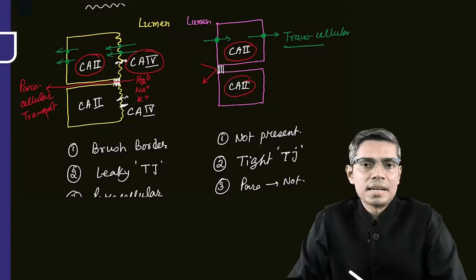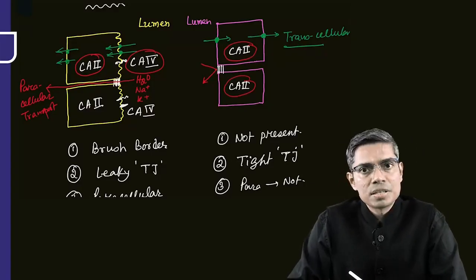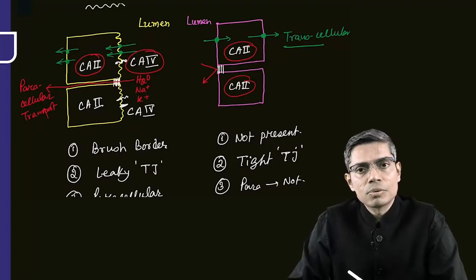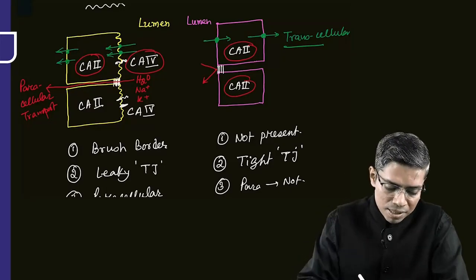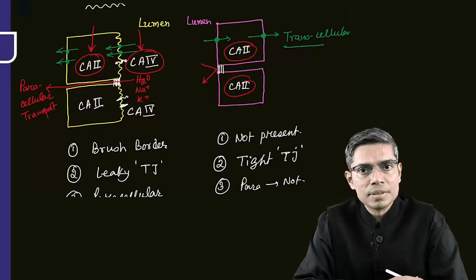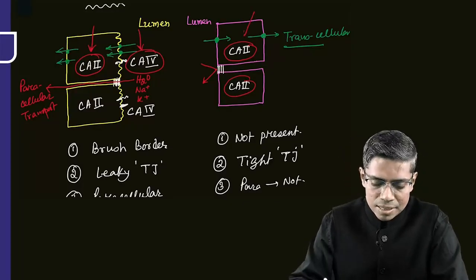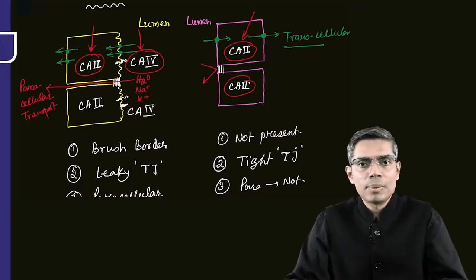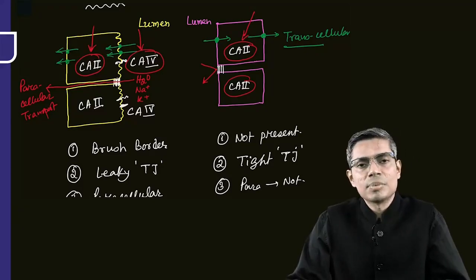That's why, if the question is which part of the nephron is the dominant action of acetazolamide, obviously the dominant action is on the proximal convoluted tubule, but the secondary action is at the level of the collecting duct. So this is all about the functional anatomy of the kidney.